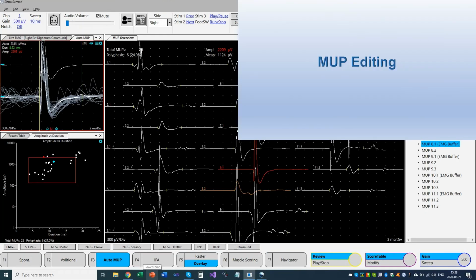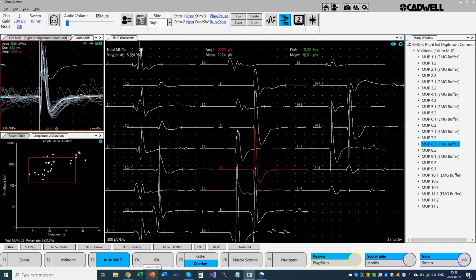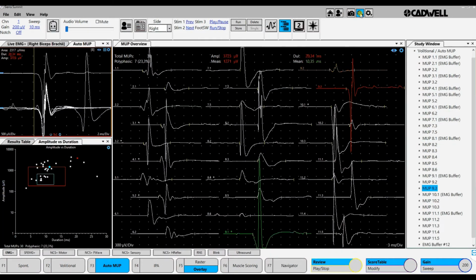Turns amplitude is not edited, but the multi-MUP is edited. And now we are going to edit the collected multi-MUP signals. And here is the display, and we have 30 collected motor unit potentials, and I want to remove those that are not acceptable regarding quality and copies.